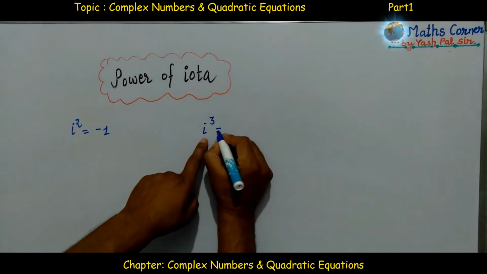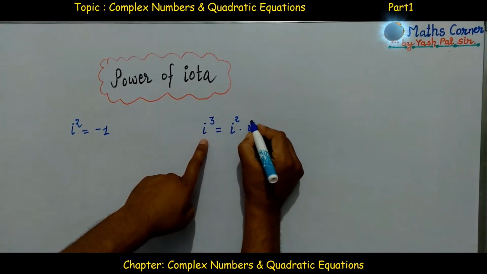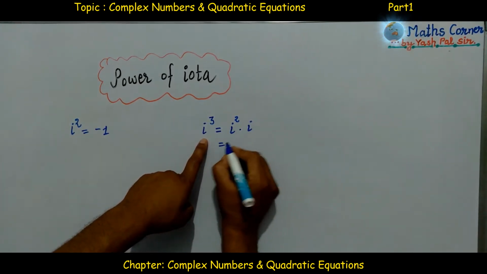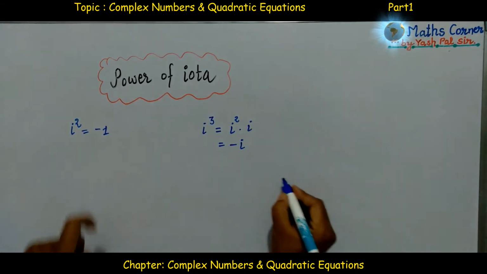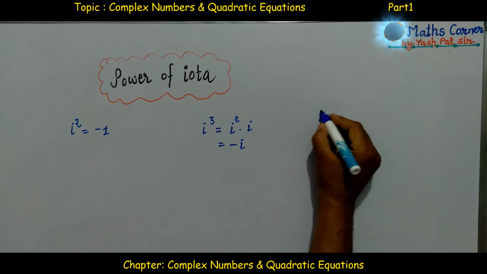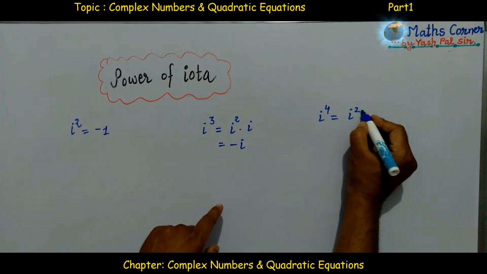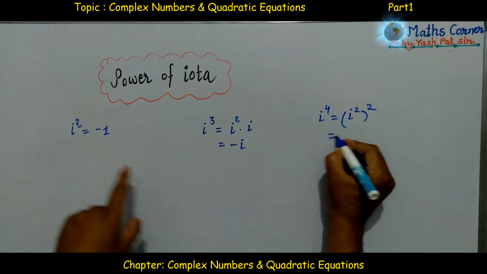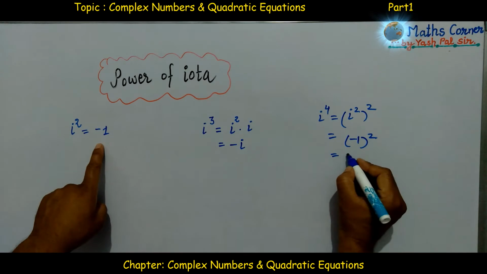We can write this as iota square into iota. Since iota square is minus 1, this is minus iota. Next is iota raised to power 4. This is equal to iota square its whole square. Iota square is minus 1, its square is 1.